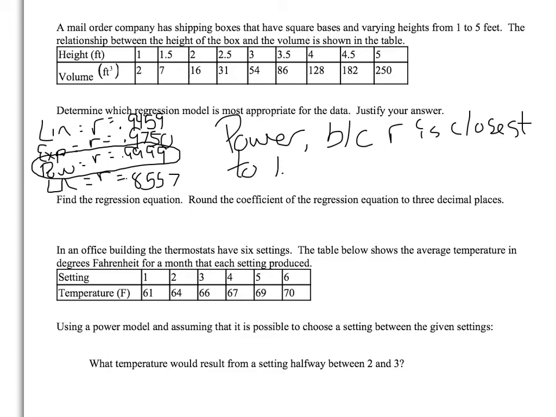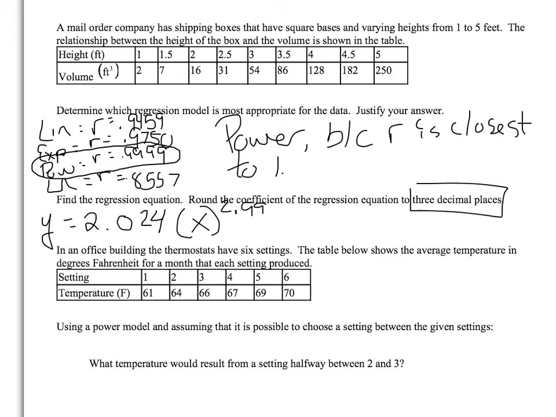So now in your calculator you should have your power regression up. It says we're rounding to 3 decimal places. So it's going to be y equals 2.024 times x to the b power, so to the 2.991. And that's it. That's your equation.